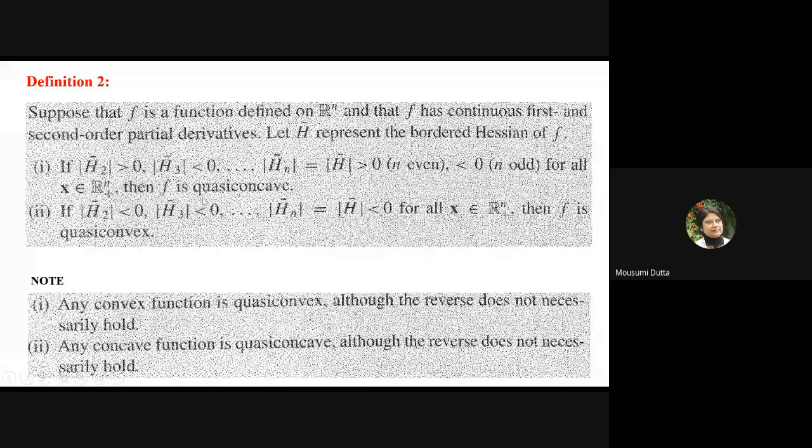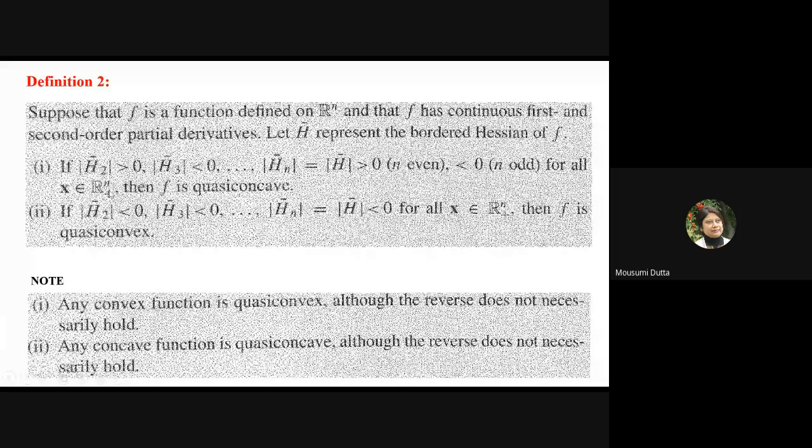The function is called a quasi-concave function, and this will be associated with a convex curve. If the function is quasi-concave, that means the associated level curve is convex in nature. Now here, why are we starting with H2? Why not H1?